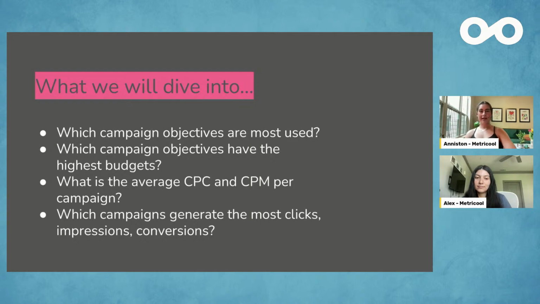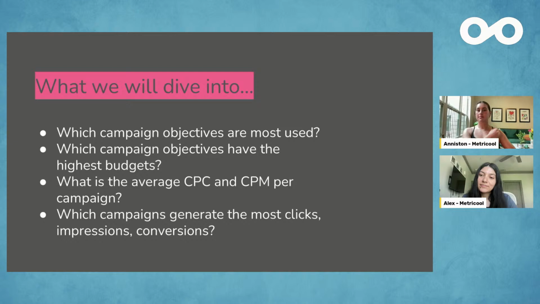Okay, so just an overview of what we're going to be looking at today. TikTok ads, just like other platforms such as Facebook ads and Meta ads, has you choose your campaign objective, so what your goal is for the campaign. We're going to look at the different campaign objectives and which ones are most used amongst advertisers, brands, and social media managers. And then from these objectives, which have the highest campaign budgets.